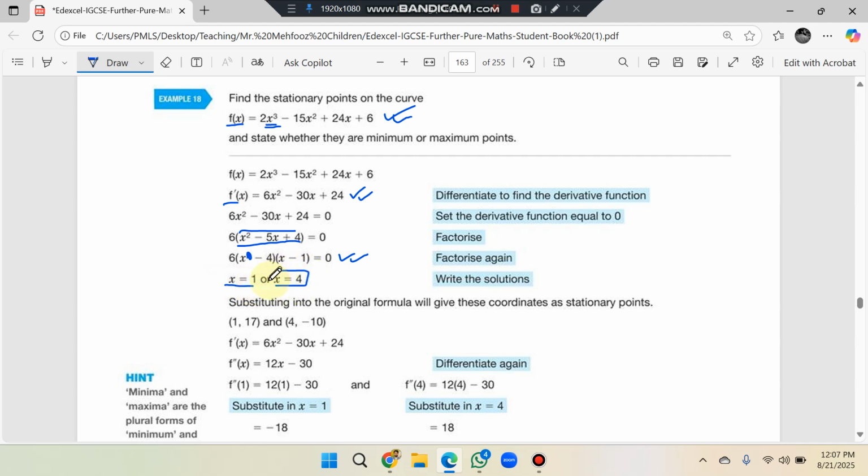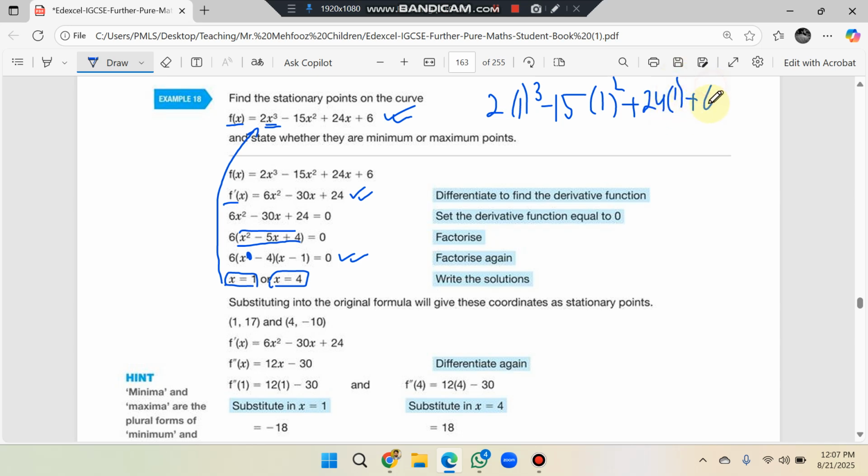Now these are the x coordinates. When we put the first x coordinate, x equals 1, into the parent equation, you can see that it becomes 2 times 1 cube, then minus 15 times 1 square, then plus 24 times 1, then 6 as it is.